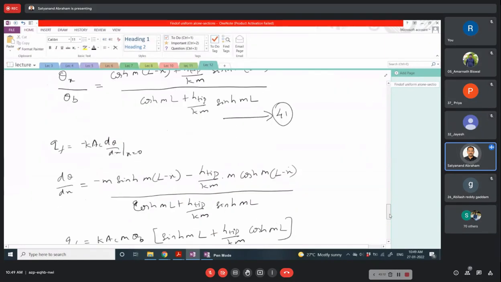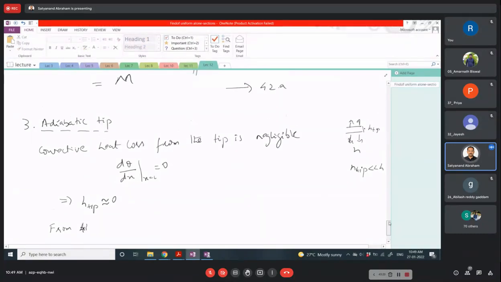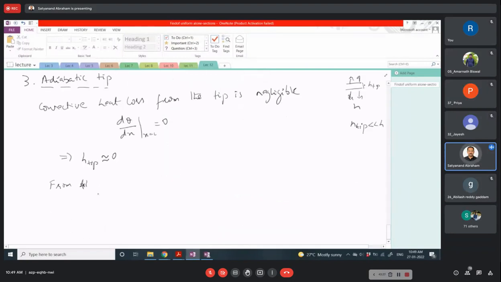The same thing we are writing over here. H_tip is 0, so we can take directly from 41. 41 is the temperature profile for the convective case. From 41, you directly get theta(x) by theta_b is equal to cosh(m(L minus x)) divided by cosh(mL). You can call it 42.